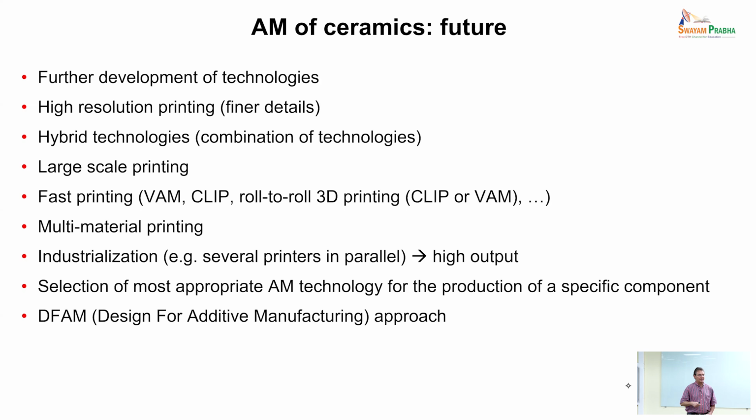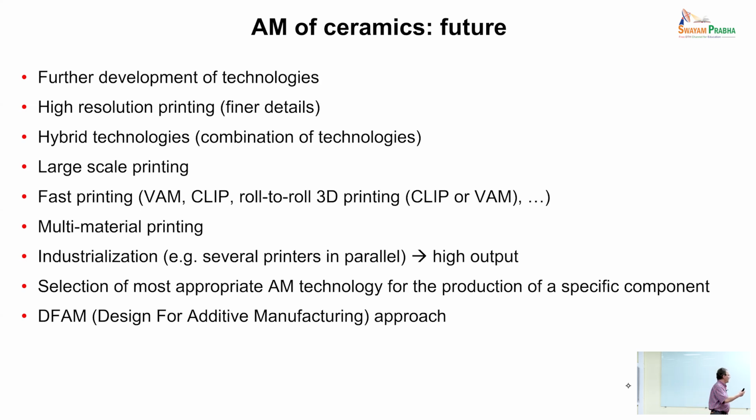There are some examples already from this point of view, but this has to be taken into consideration. But commercially speaking, now VAT photopolymerization can work with VATs that have this size, and people can print 1,000 small parts, of course, simultaneously. And this, of course, reduces the cost of the final part.